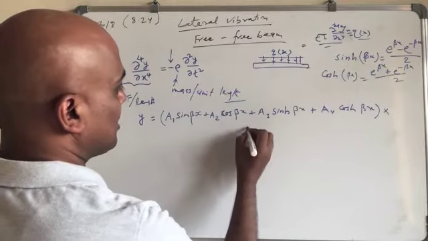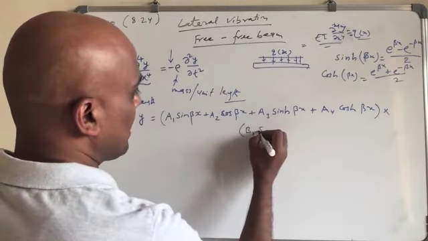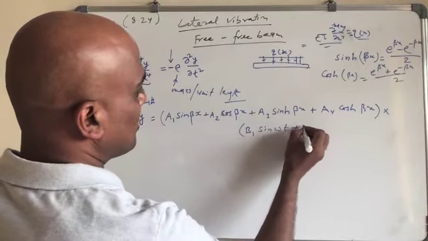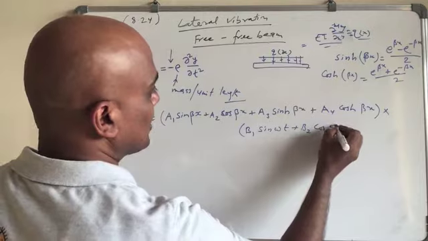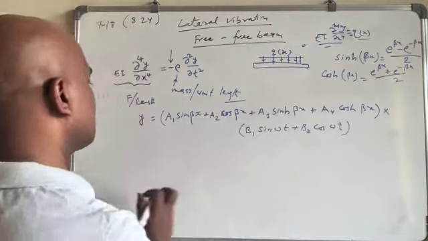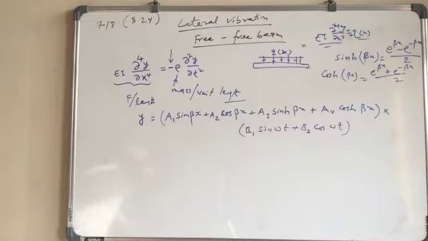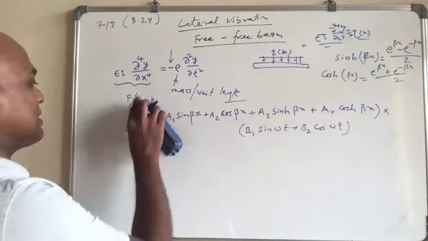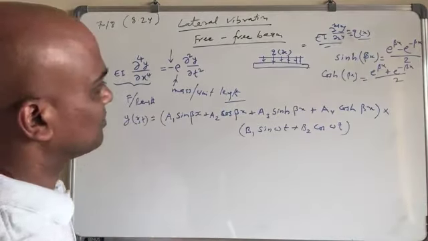Let's call it b1, and then this will be sine omega t plus b2 cos omega t. So this is what y is, where y is a function of x and t both.